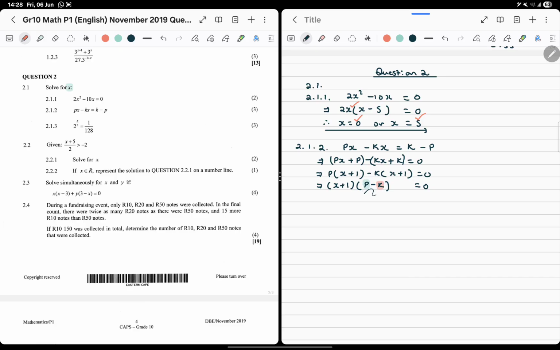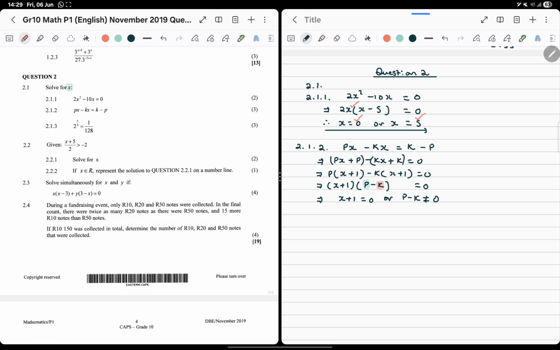And if they are like terms, we cannot solve this equation if this bracket is 0. So I think it's safe to split the solutions here, because not splitting them is dangerous. We can easily say, well, x plus 1 can be 0, right? Or we can say p minus k, however, must never be equal to 0. Because if that is 0, then this whole thing washes away and we run into problems.